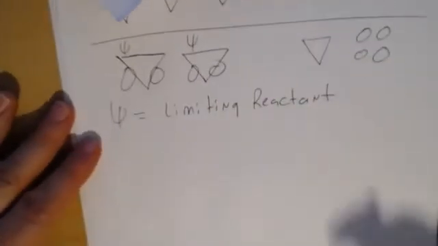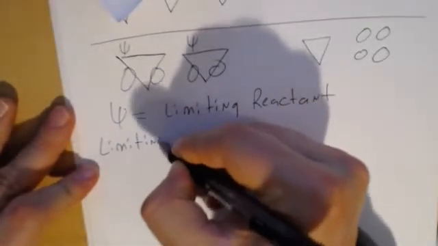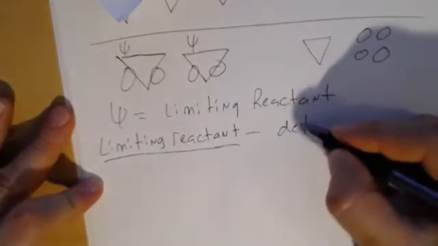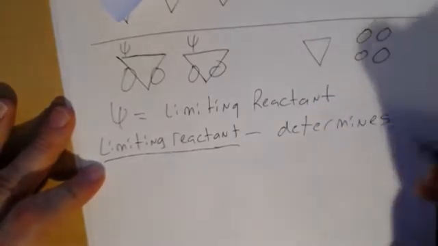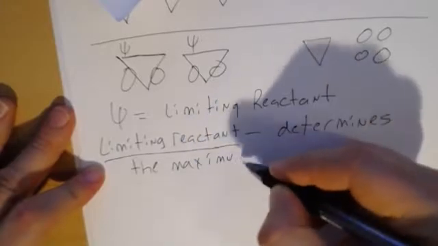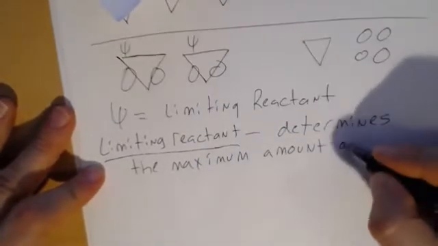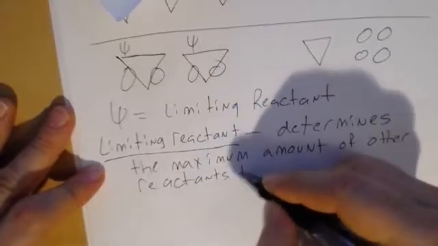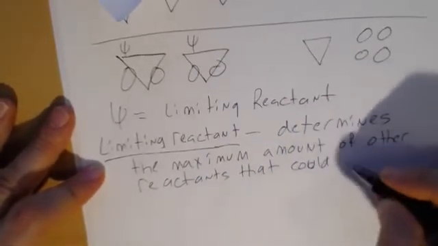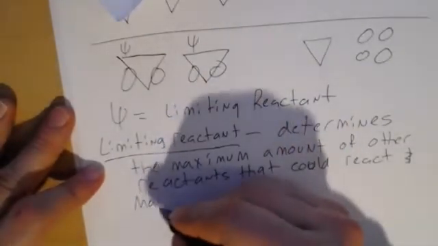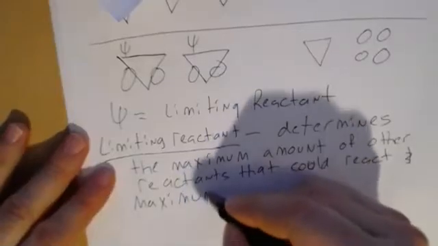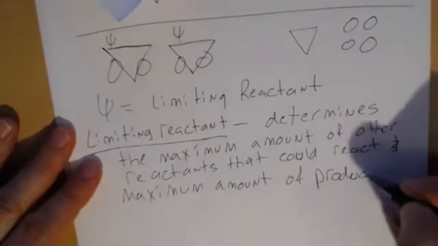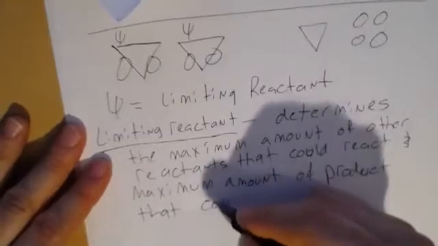And so we should define what a limiting reactant is. A limiting reactant determines the maximum amount of other reactants that could react, and, more importantly, the maximum amount of product that can form.